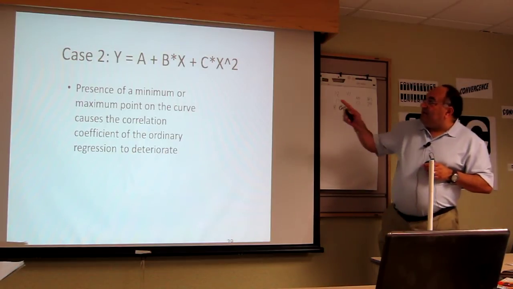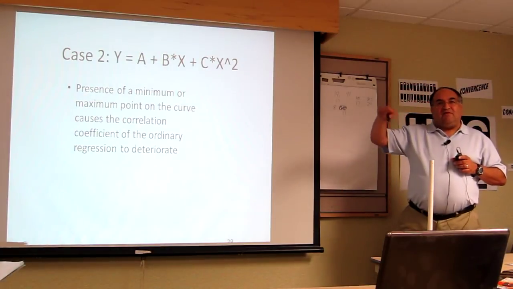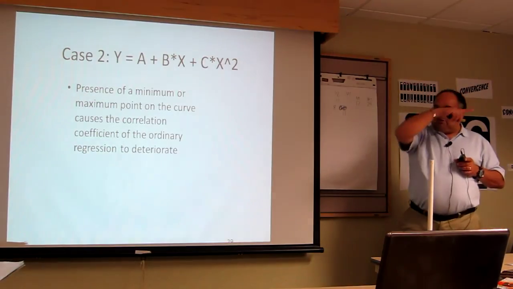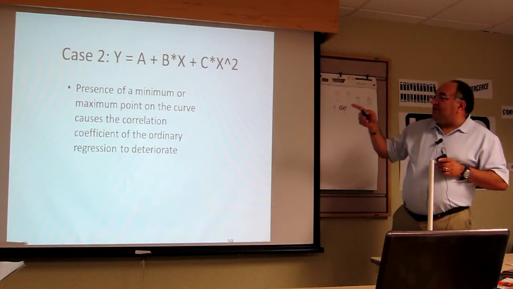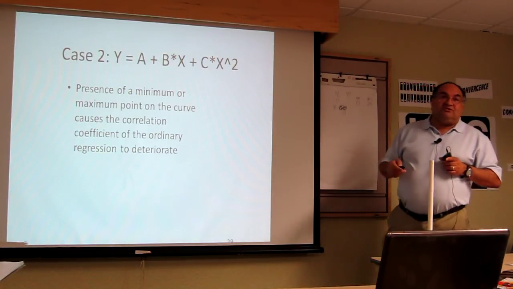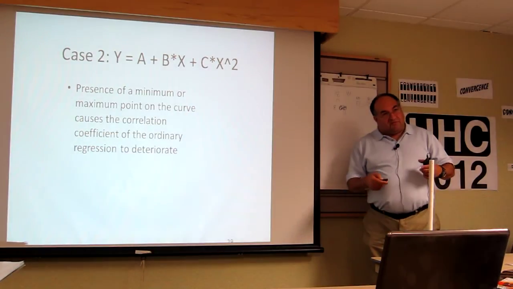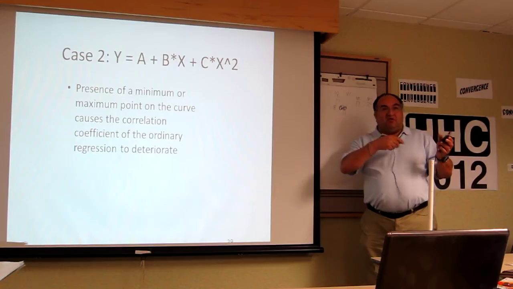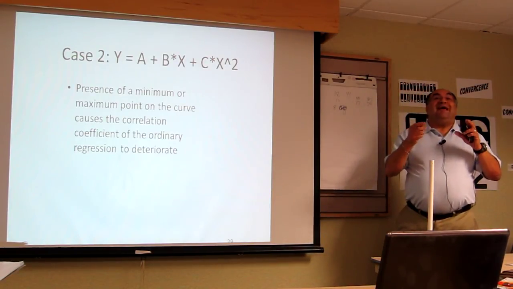One of the things I found out, because I tried a couple of cases where the quadratic curve has a minima, maxima, or just goes on, is that the presence of minima and maxima causes the ordinary regression fit to deteriorate even more. But when there was neither maxima nor minima in the regression data, the deterioration was not as bad.